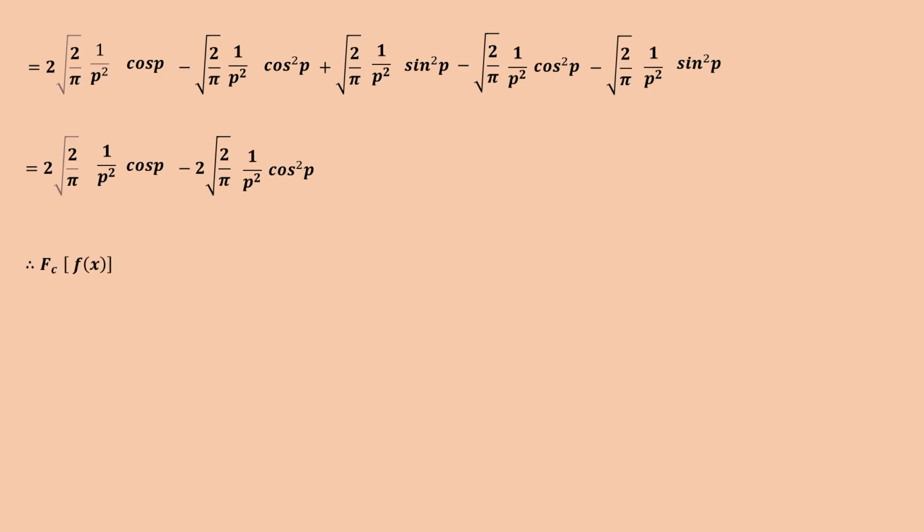So the Fourier cosine transform of f of x, fc bar of p, is equal to 2 root 2 divided by pi 1 by p square cos p, which is the common term in both, take it outside. In the first term 1, in the second term cos square p, remaining cos p, so into 1 minus cos p, which is the Fourier cosine transform of the given function.